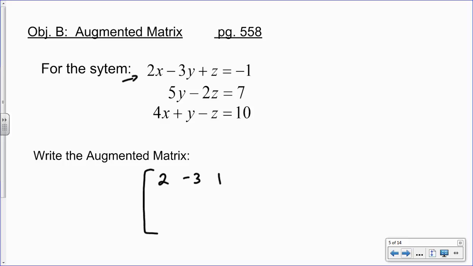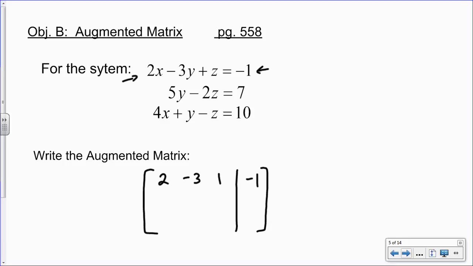And then I do need to separate what it's equal to, so I do that with a vertical line. And then I'll put the negative 1 over here. And then that will close your matrix there.